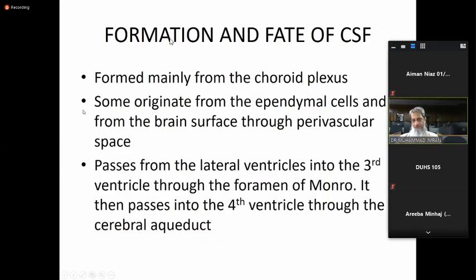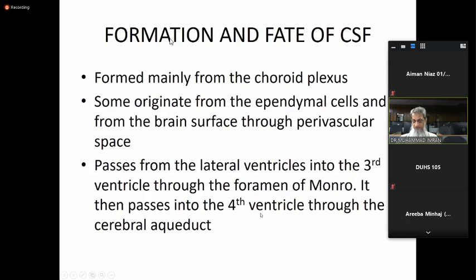How is it formed? It is formed mainly from the choroid plexus. Some of it originates from the ependymal cells and from the brain surface through the perivascular spaces. It passes from the lateral ventricles into the third ventricle through the foramen of Monro, and it then passes into the fourth ventricle through the cerebral aqueduct.